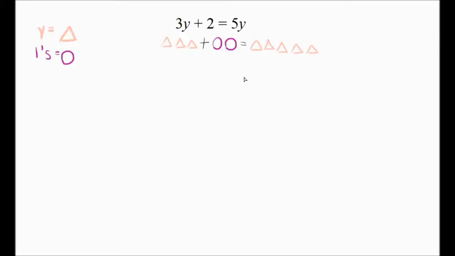Now we are going to try to cancel out some of the like terms or constants from both sides of the equation. Let's look at this example to make it clear. Let's say 3 plus 2 is equal to 3.